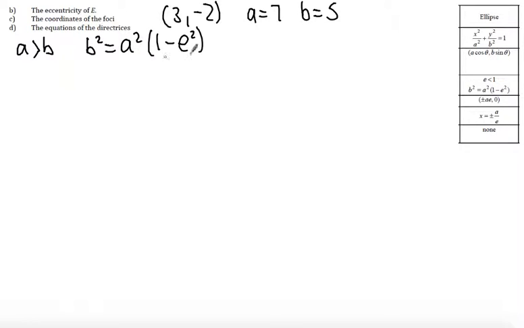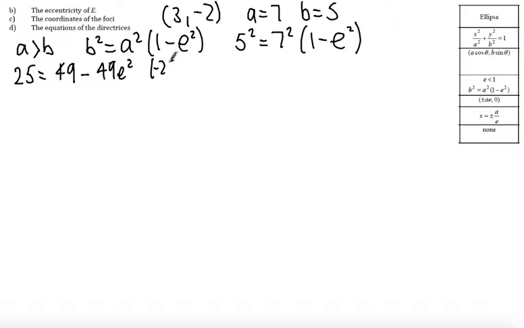So substituting our values in, I get 5 squared is equal to 7 squared times (1 minus e squared). Expand the bracket, so I get 25 is equal to 49 minus 49e squared.